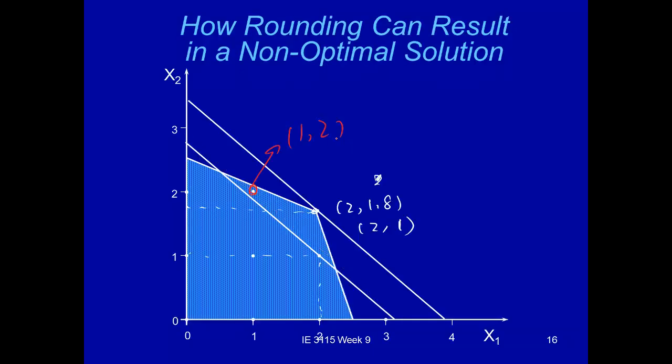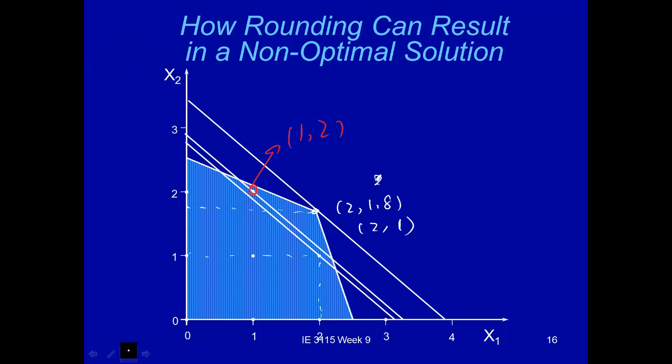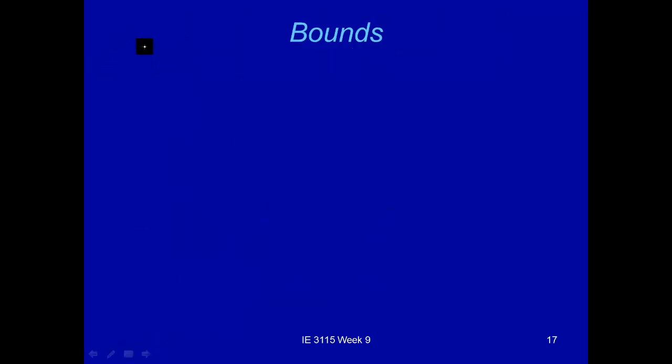Comparing this solution to this one, the second one, which is not a result of rounding, gives a better optimal objective function value. Okay, so this illustrates why we don't round them. Okay, so then how do we solve them?